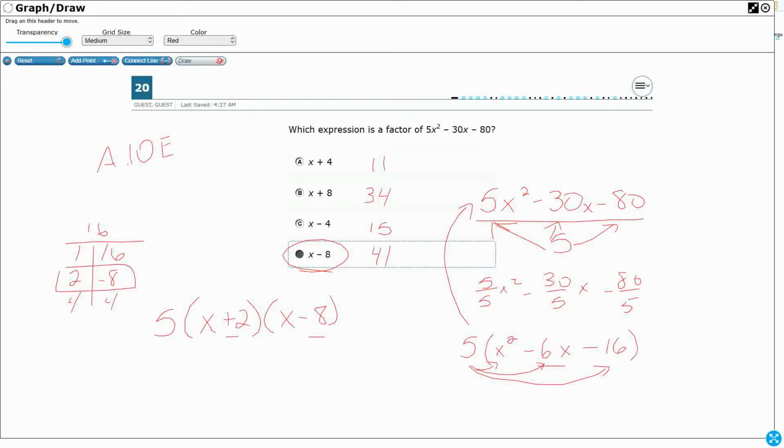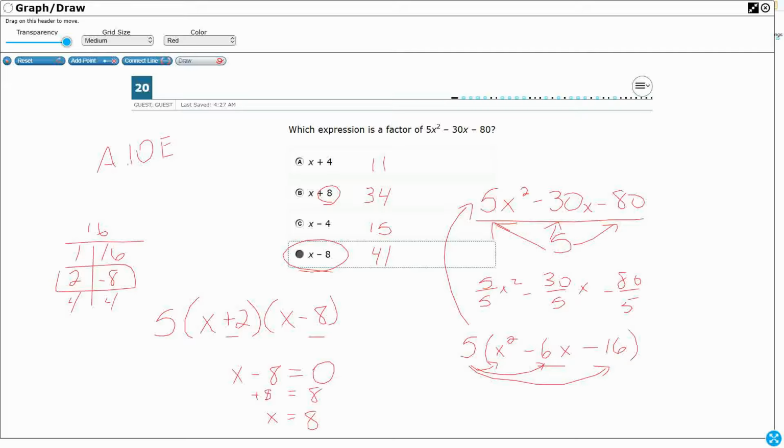If we wanted to find a 0 or a solution, we would have had to apply the 0 product property. We would have had to set that equal to 0. We would have had to add 8 to both sides, and we would have gotten a 0 of 8, or a solution, or an x-intercept, however you want to describe it, of 8. And so they might have taken it to that next step and thought of the positive 8, and that would have been a solution.